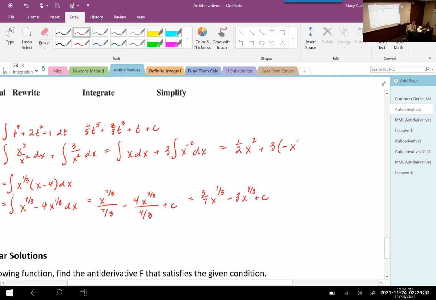So negative x to the -1 plus c. 1/2 x squared minus 3 x to the -1 plus c, or 3 over x plus c. You getting the hang of it? Yes? All right.